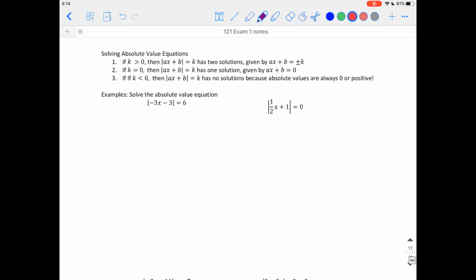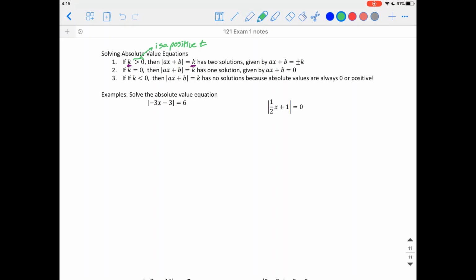So now we're going to solve absolute value equations. So absolute value equations, number one, if k, so what is k? So this k is whatever your absolute value equation is equal to. So if k is greater than 0, which is technically another name for a positive number, then you have two solutions.